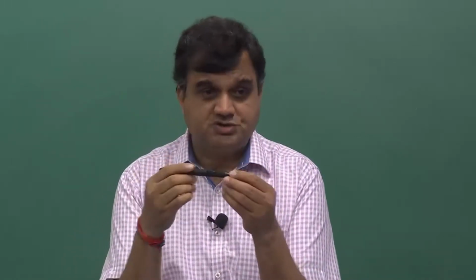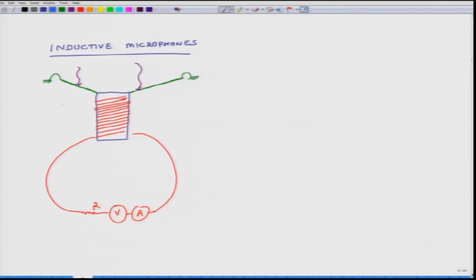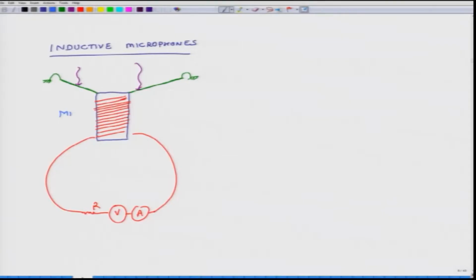But if this contraption is put in a magnetic field, and the magnetic field is such that it cuts these conductors, normal to the conductors, then when you have a conductor vibrating in a magnetic field, it will generate current. This is from the principles of electromagnetism. So, a current is induced in these wires, and that is why it is an inductive microphone.